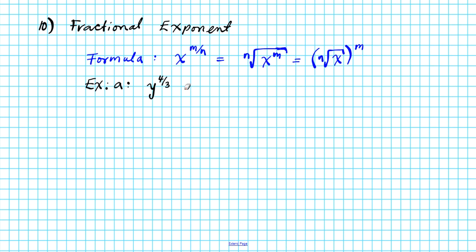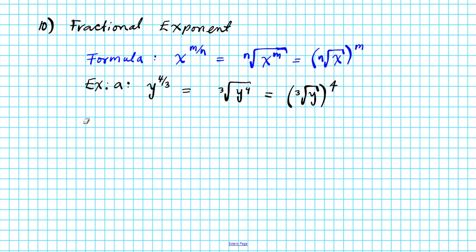Using the fractional exponents property, this can be written as the third root of y to the 4th, or you can write this as the third root of y, the entire thing raised to the 4th power. So in this case, you have two possible answers.